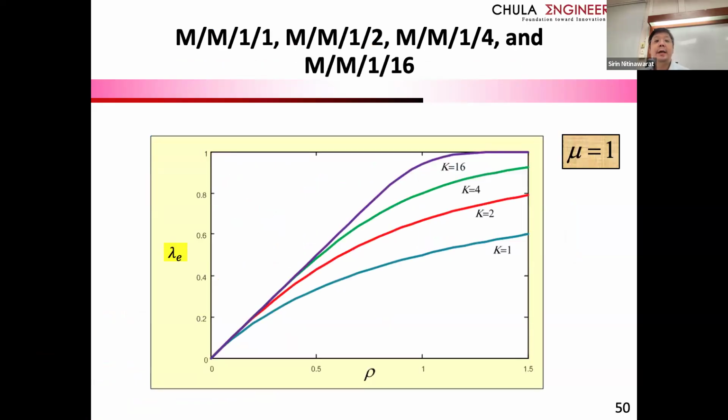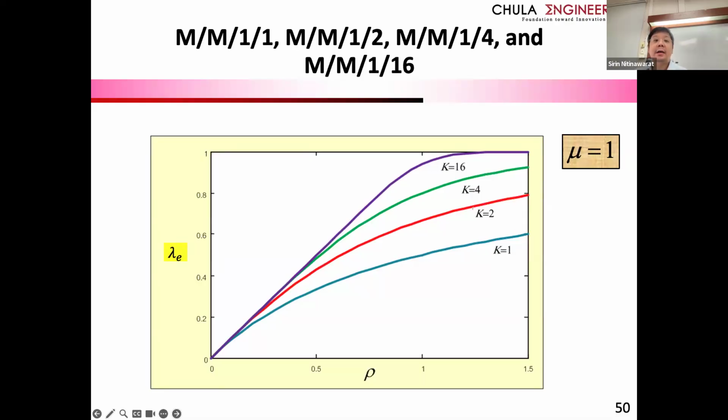So you can see the effect of this capacity limit on the effective incoming rate. Here the x-axis is rho, and mu is fixed to be 1. So this rho depends on the varying lambda, and we vary the K's.